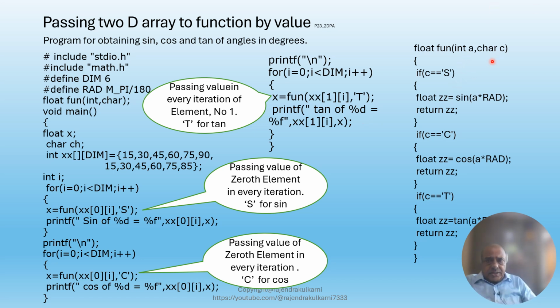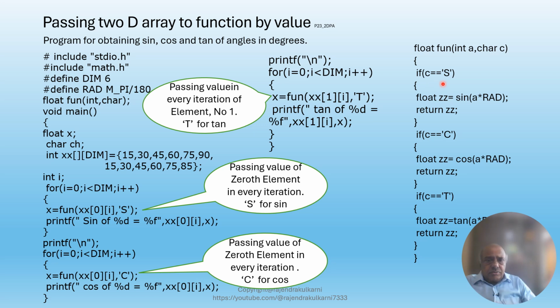When the character S, C or T is passed by the call, it will be collected in the char variable C declared here as an argument of the function fun, the formal argument.